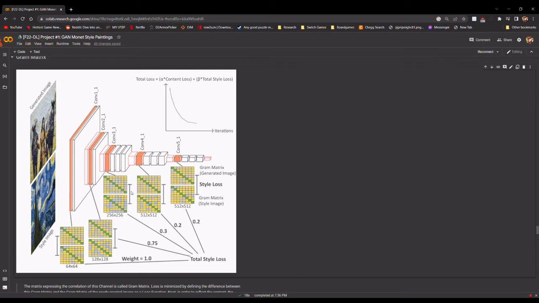The issue is that these are independent from each other and cannot capture styles such as brush strokes or color distribution. So to capture this, we need to find the degree of correlation between our feature maps, which are the edges, the dots, and the curves.